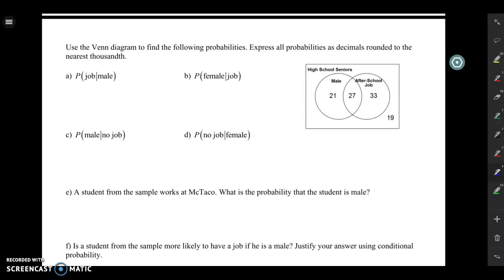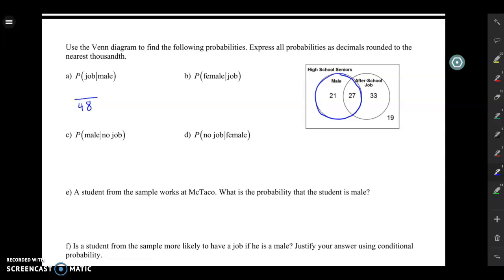Okay, so the first thing we want to do is figure out how many males we have in our study, right? So if you look at the male circle, that's going to include the people that are just in the male circle as well as the people that are in the overlap between male and after-school job. That's going to be a total of 48 males that were studied.